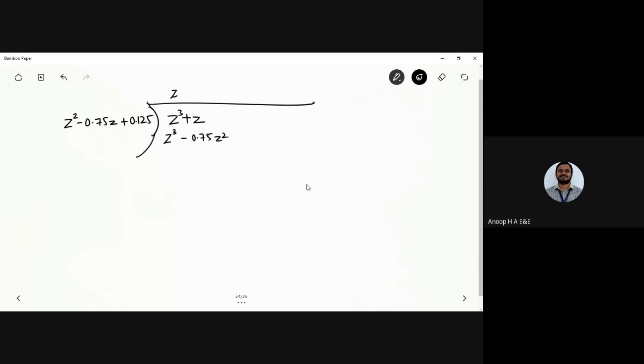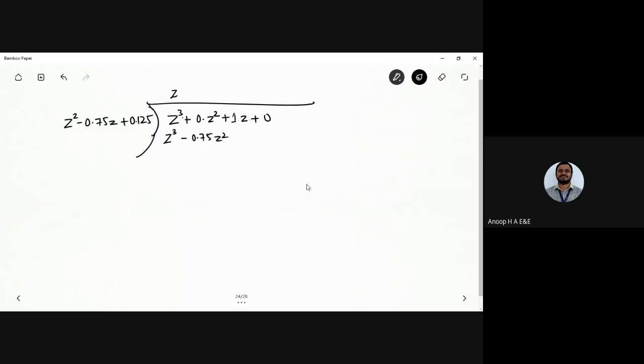Let me erase it here. z cube minus 0.75 z squared, plus 1 into z plus 0.